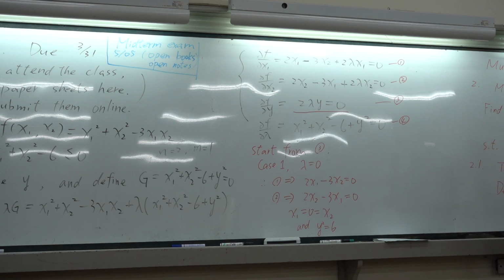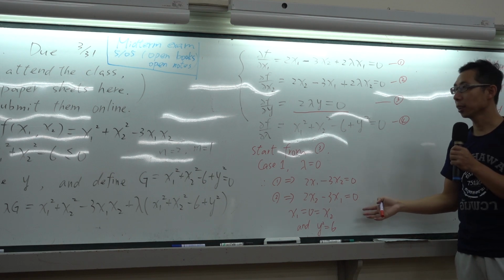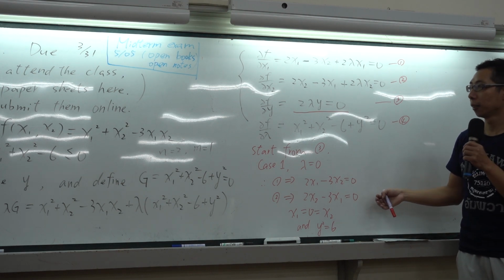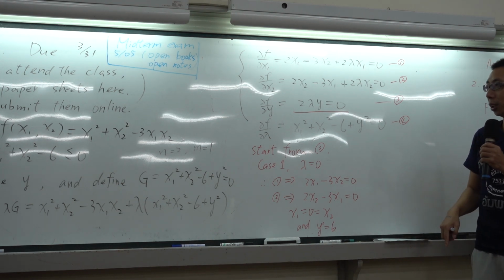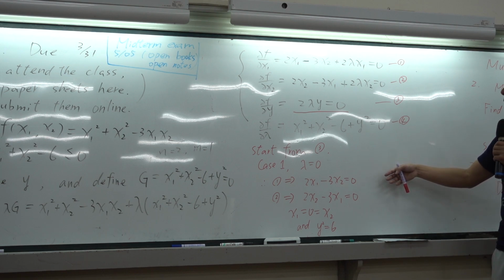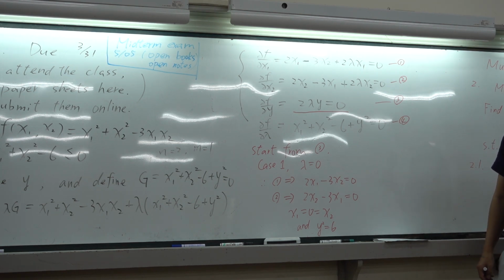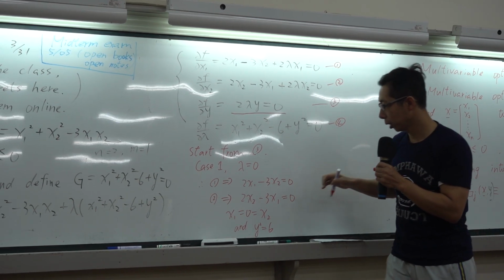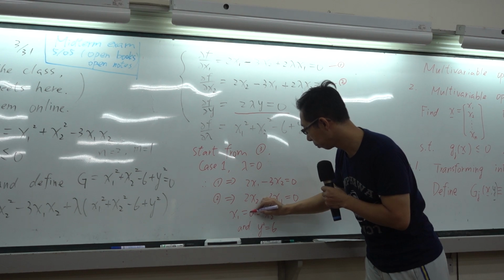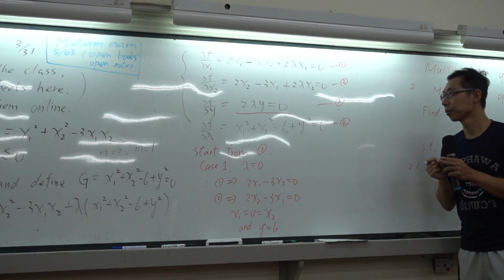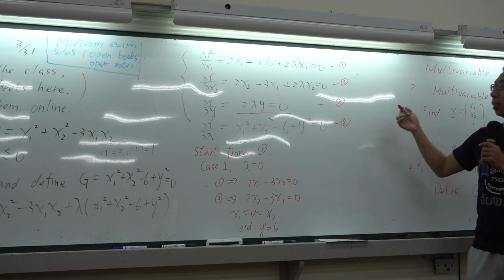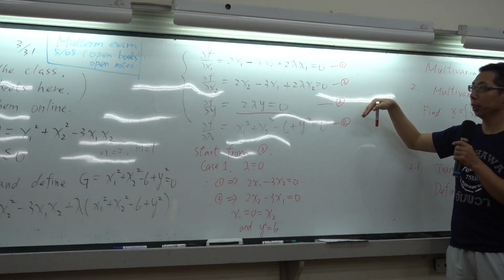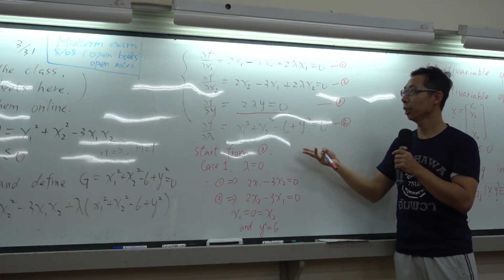If you have this kind of situation, let me ask, is the constraint active or not? So one more time, after writing down the equations, we start from equation 3, and there are two cases.